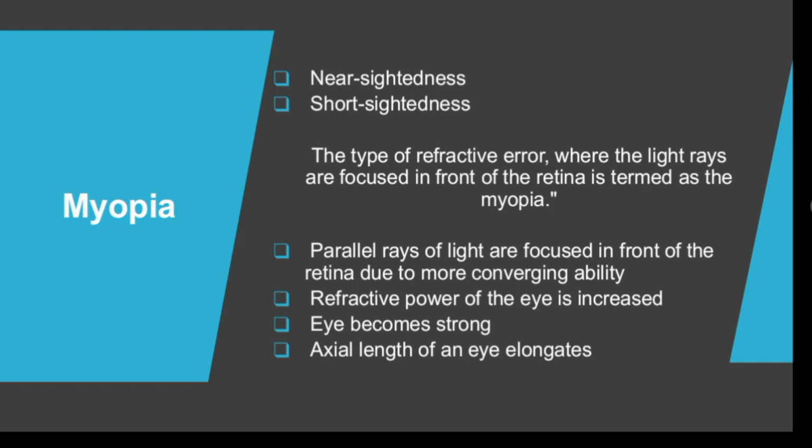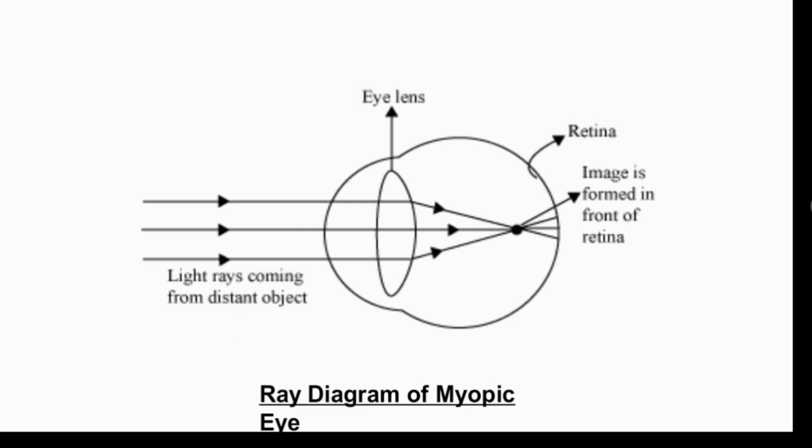That is why I'm telling you in a very short manner what these ametropic states are that you should know. Over here you can see that parallel rays of light are focused in front of the retina because of the more power of the eye, right? Or you can say the normal retina was here, but due to the stretching or elongation of the eye, the retina is behind and the rays are focused in front, before time.